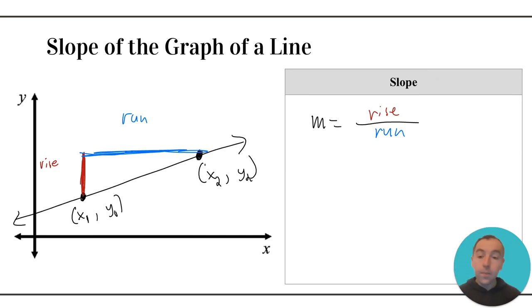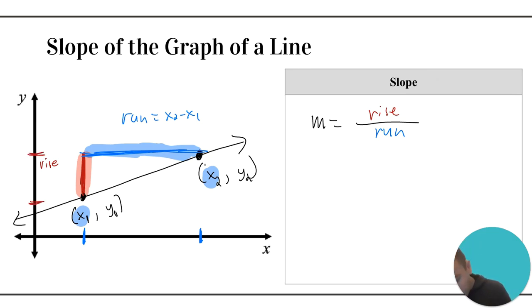Then it would turn out that this distance right here, this run, would really correspond to the difference between these two x coordinates, which would be x2 minus x1, the bigger x minus the smaller x, right? And then similarly, we could figure out this distance, the rise right there, by subtracting this y coordinate and this y coordinate together. And that would correspond to y2 and y1. So it would turn out that the rise is going to be y2 minus y1.